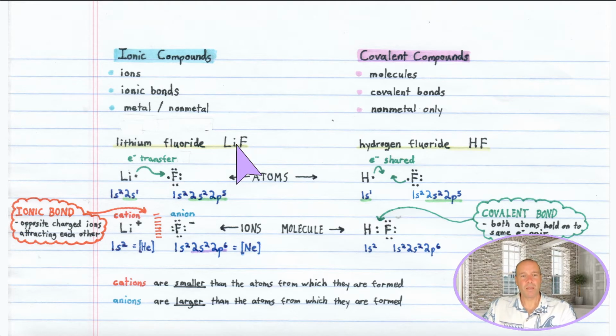And we can get a better understanding of ions and ionic bonds by also drawing the dot structures of the atoms first. So lithium is also in column number 1, so right below hydrogen, it's in group 1A.